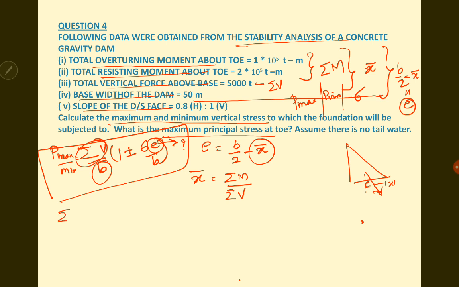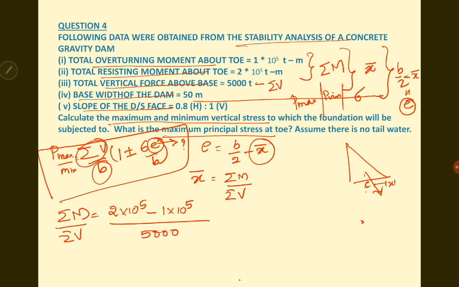What is sigma M? That is the total moment, right? The total moment is equal to what? It can be taken as resisting minus overturning, right? What is the resisting moment? 2 into 10 raised to 5 minus 1 into 10 raised to 5. That is sigma M. What is sigma V? Sigma V is directly given as 5000.